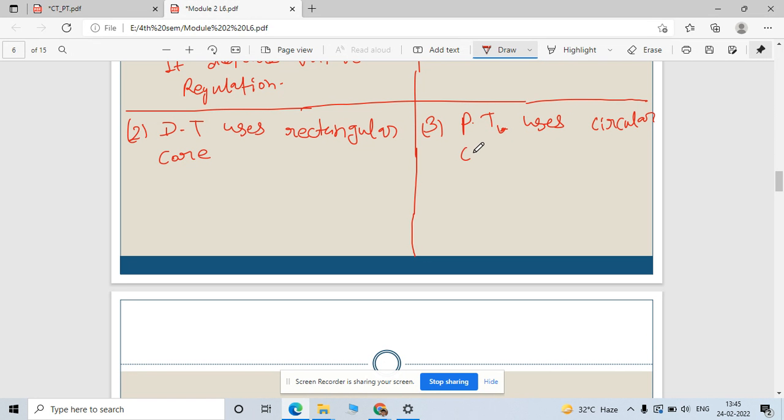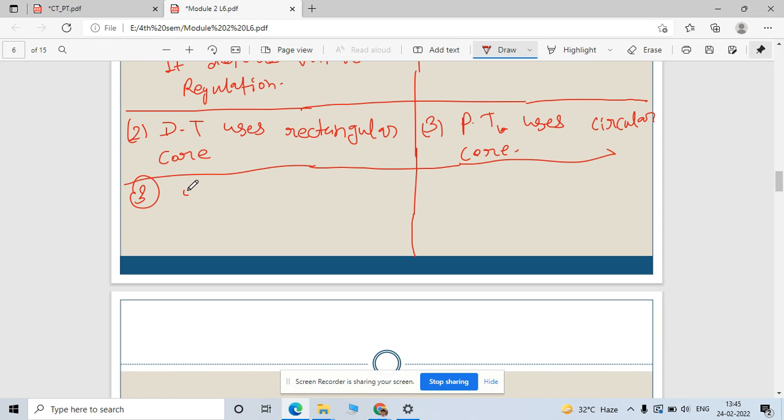Generally, we find this in circular core, and the distribution transformer generally we see in rectangular core. In that also, there is one shell type and core type transformer. In transformers, you study all these types of core.